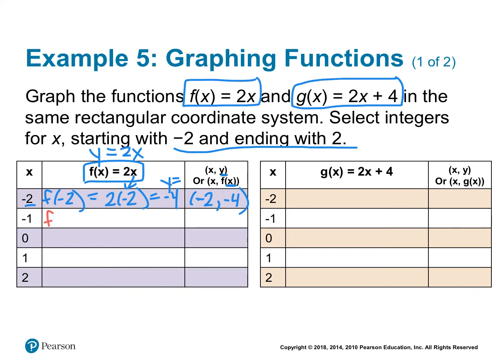Now, what is f of -1? If I replace my x with -1, I'm going to get a -2 for my y value. So that's -1, -2 for my ordered pair. F of 0: 2 times 0 is just going to give me 0 for the y. So 0, 0.